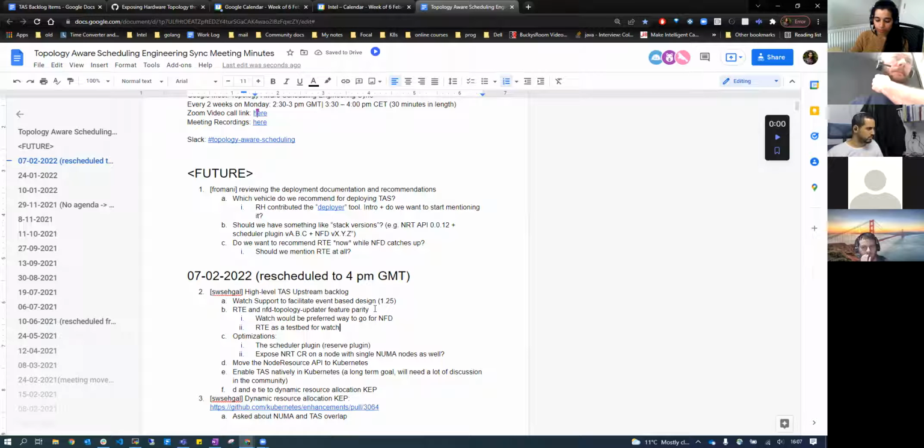Regarding RTE, I was doing some work on it lately. Red Hat did quite some work on it lately, but from us nothing changes, meaning NFD is still the preferred way to go. We envision the updater consuming the pod resource API as the official, recommended way.